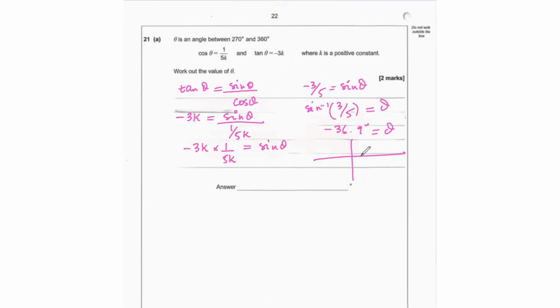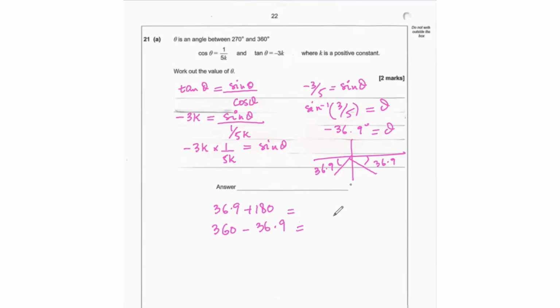Now sine is negative in the third quadrant and the fourth quadrant, which means one angle is going to be 36.9 plus 180, and the other is 360 minus 36.9.